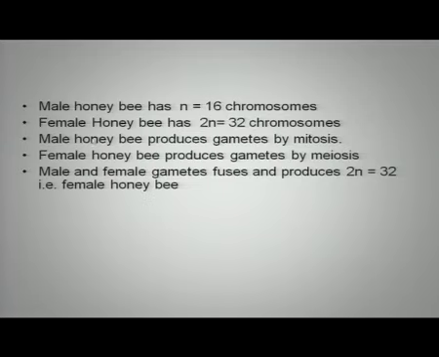The male honeybee produces gametes by mitosis. Why is it so? It is because they are already haploid. Female honeybees produce gametes by meiosis or reduction division because they are diploid. Male and female gametes fuse and produce a 2n equals 32 diploid individual, and we get a female honeybee.